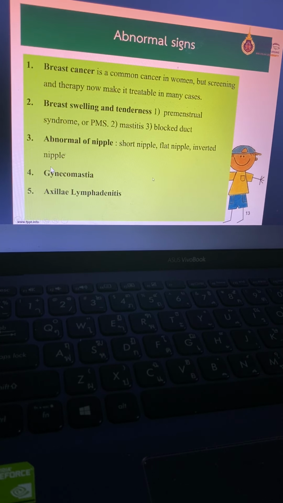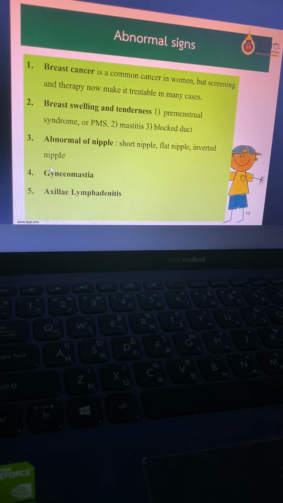In the practical part of the study, you can assess the nipple: that one is short, that one is flat, that one is inverted. And in the male you can find gynecomastia, the enlarged breast in the male, because normally males do not have a big breast.